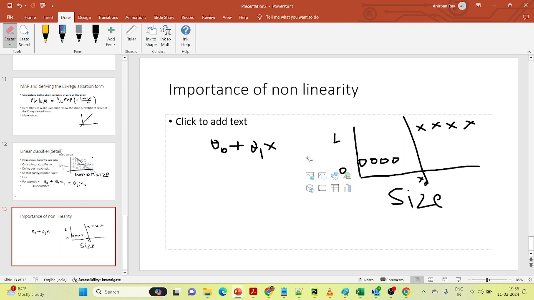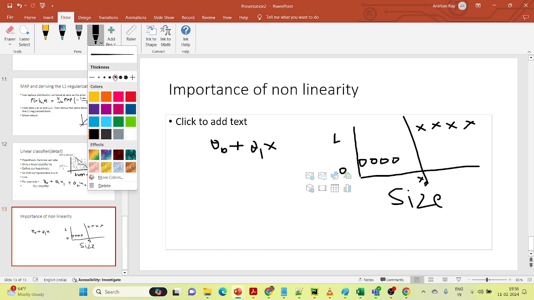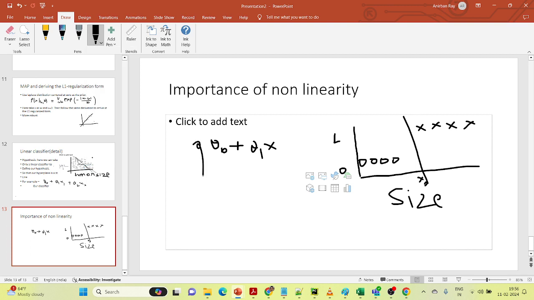So we define the nonlinearity like this. You have this classifier, and we put a function g.